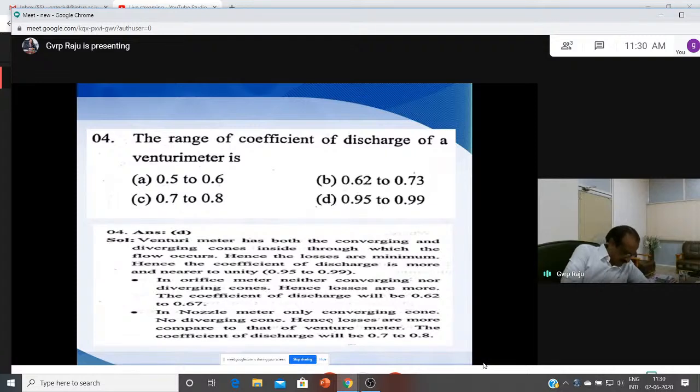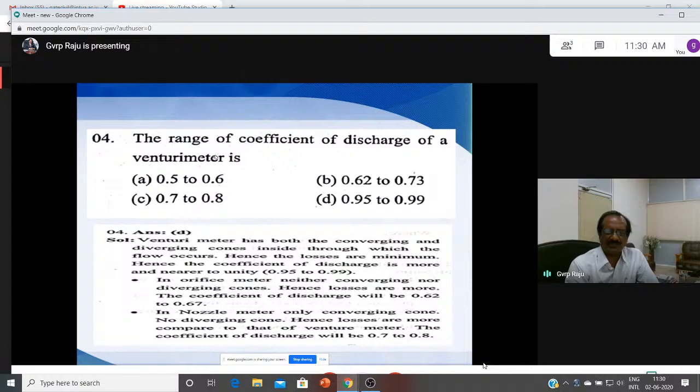The range of coefficient of discharge of a Venturi meter is: 0.5 to 0.6, 0.7 to 0.8, and 0.6 to 0.7.